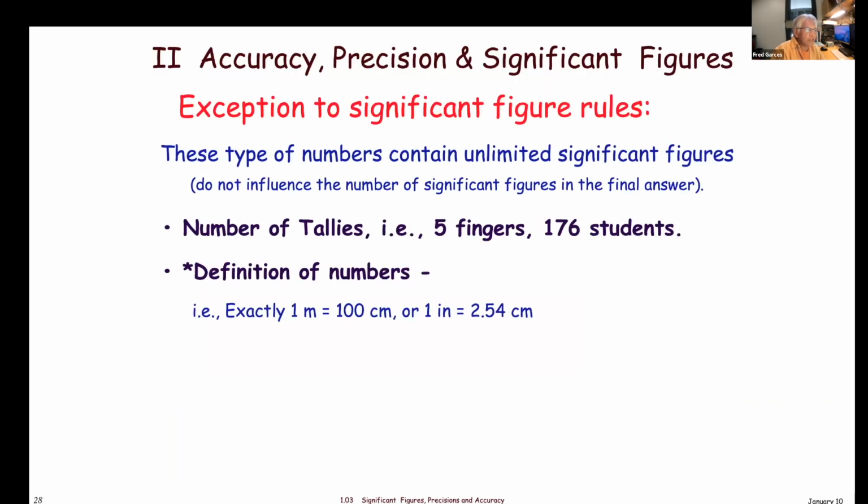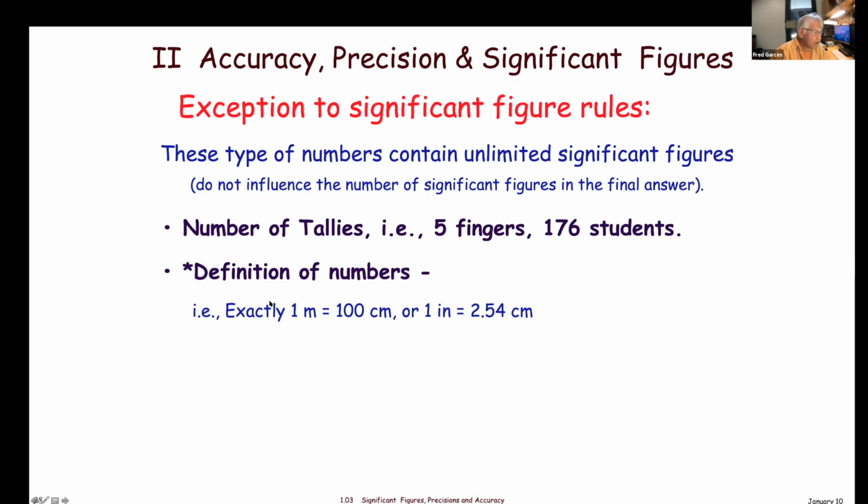So the only time you don't pay attention to significant figures is when you're multiplying a number by a definition. A definition is like 1 meter equals 100 centimeters. If I ask you, okay, I've got 5.86 meters, how many centimeters is that?